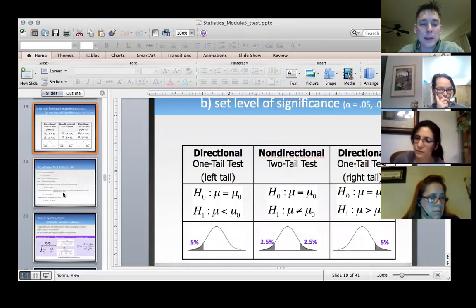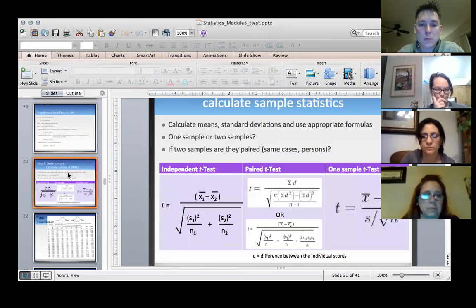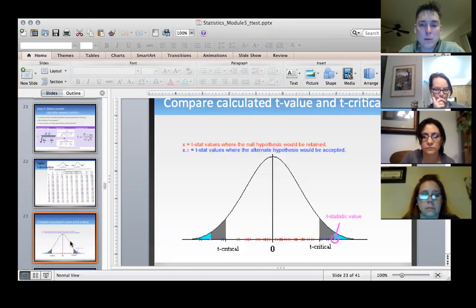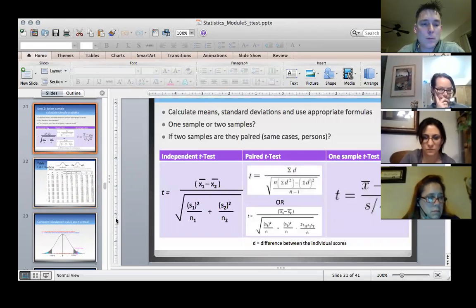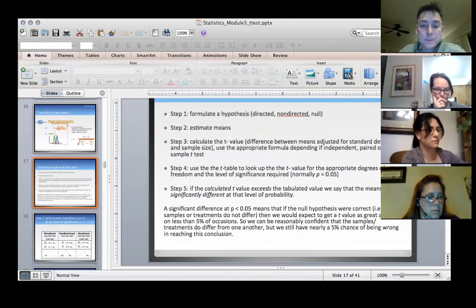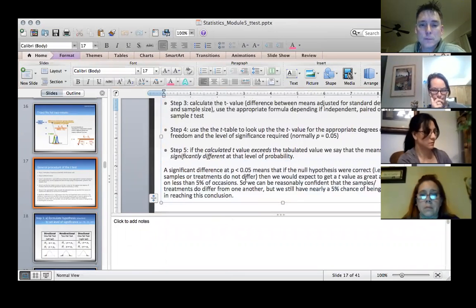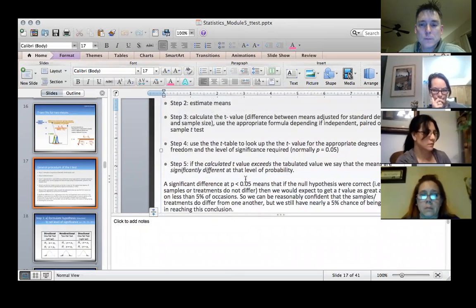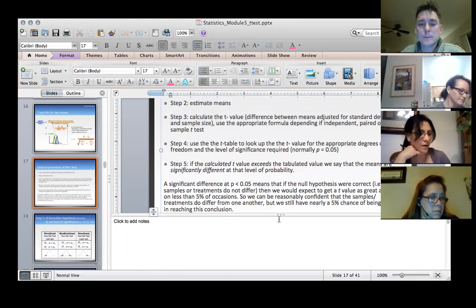Did anybody else try it already? Then on 5.3, because I haven't even attempted that one, they were asking for the population, and I'm confused on that part and the sample.